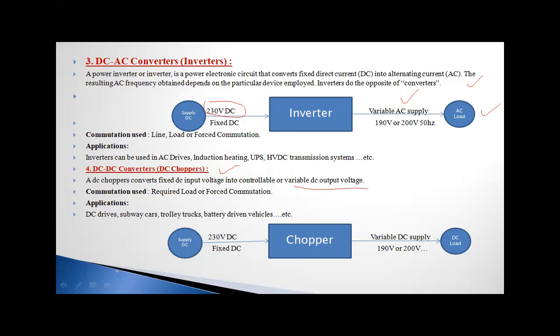Clear? So here input is 230 volt DC and output may be variable, maybe 100 volts, 90 volts, and so on. Clear?